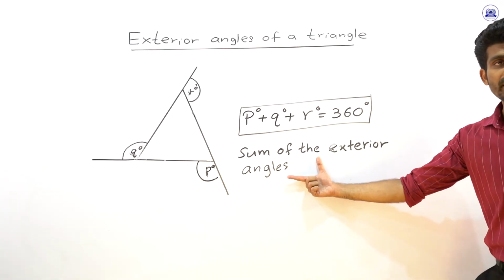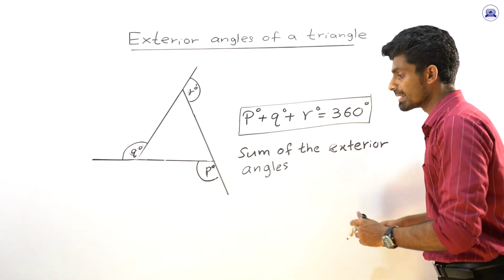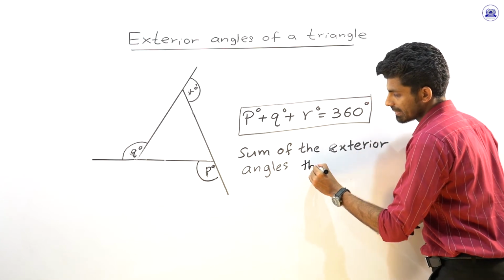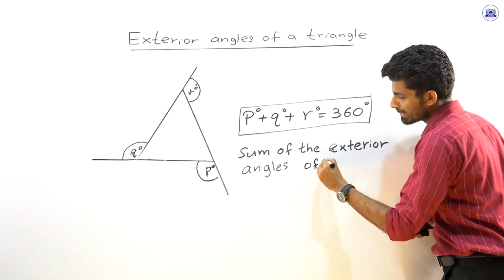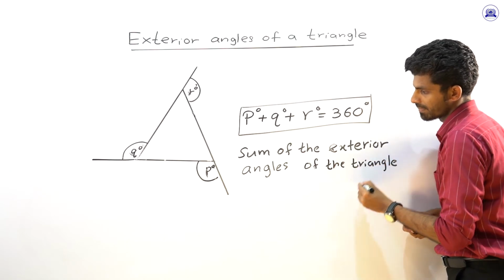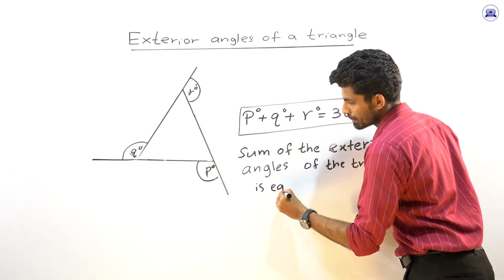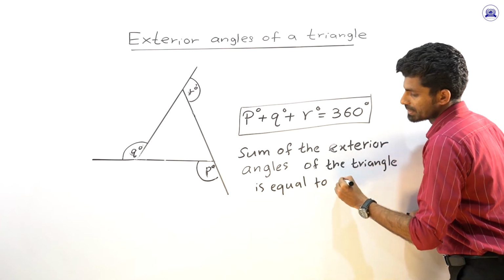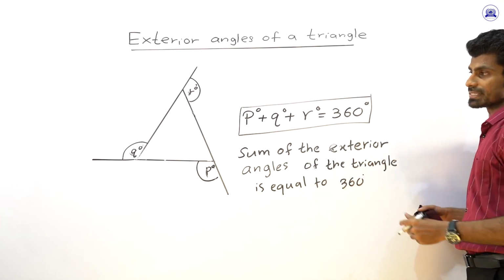Sum of the exterior angles of the triangle is 360. So that is the theorem.